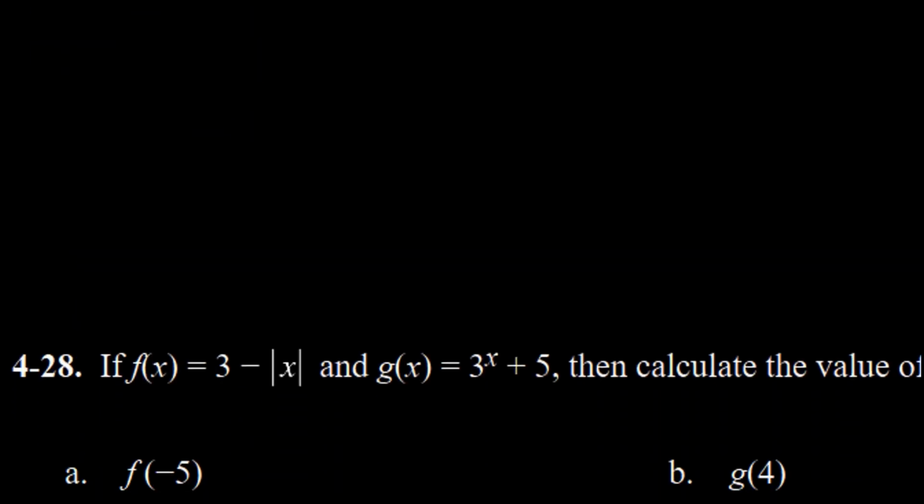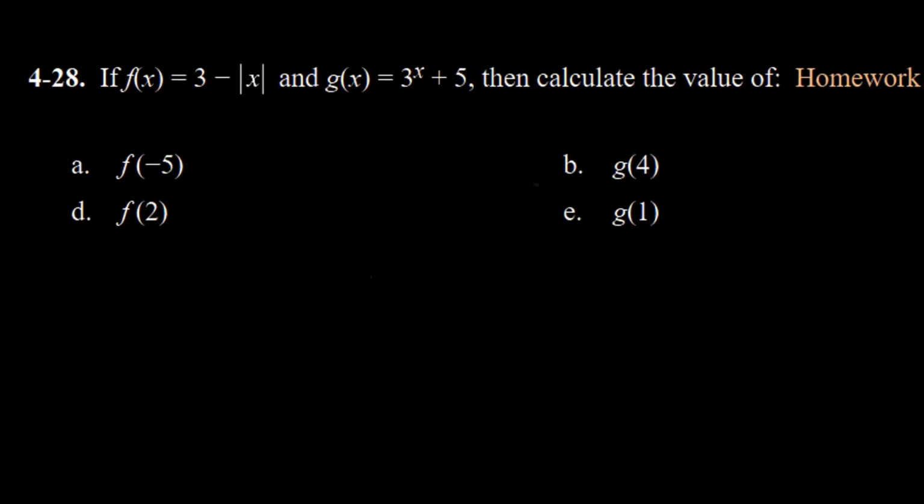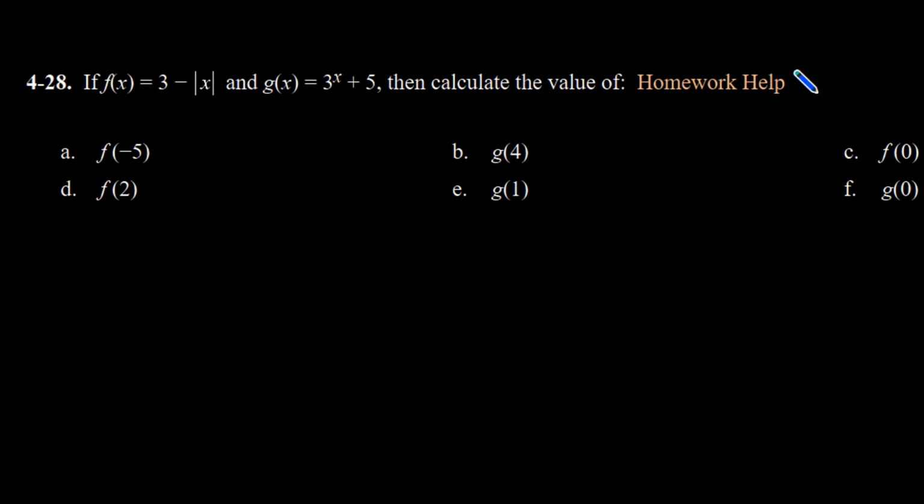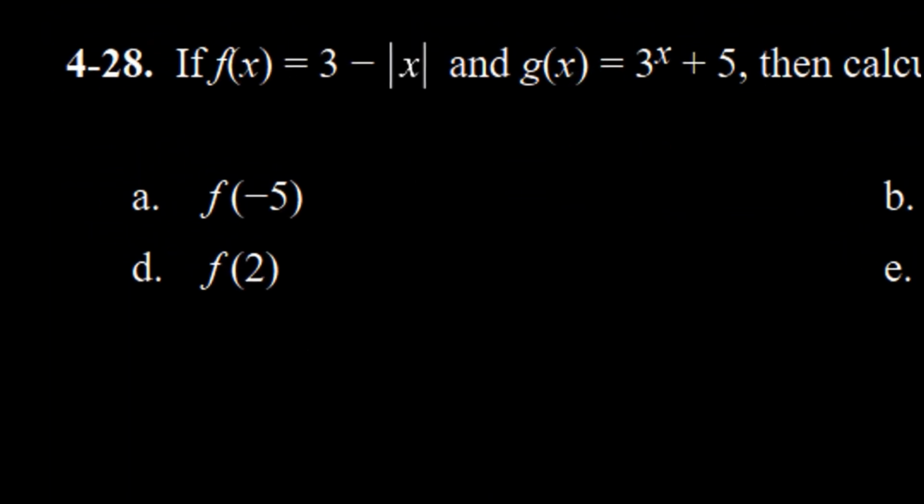Oh my goodness, there's six of them there, huh? Wow, okay. It says if f of x is equal to 3 minus the absolute value of x, and g of x is equal to 3 to the x plus 5, then calculate the value of, okay, so the first one, what do you get from f of x when you put in a -5?